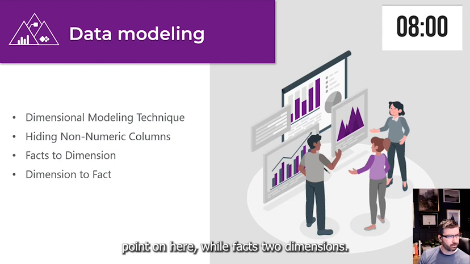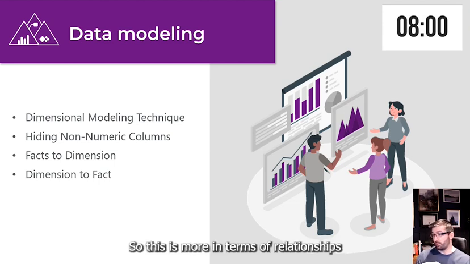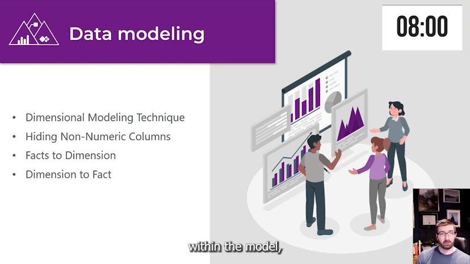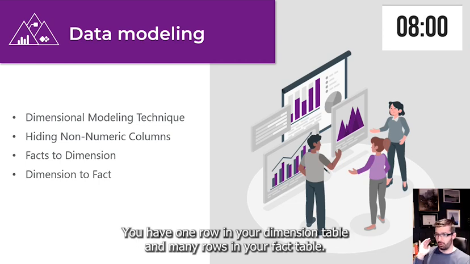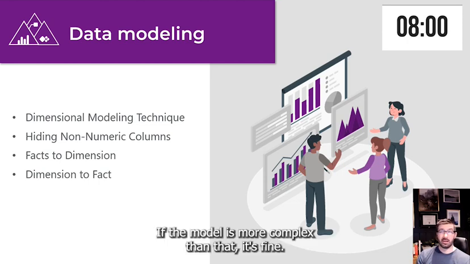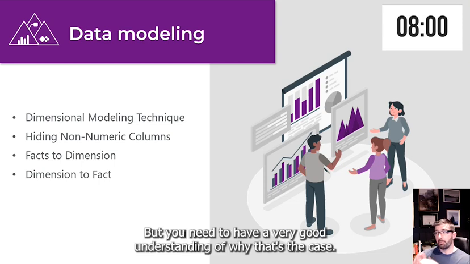And then my last point on here, facts to dimensions. This was more in terms of relationships within the model. Start with one-to-many relationships. You have one row in your dimension table and many rows in your fact table. If the model is more complex than that, it's fine, but you need to have a very good understanding of why that's the case.